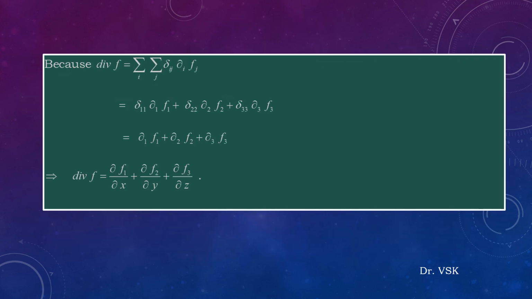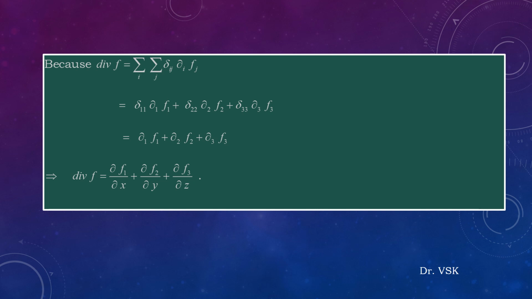Previously, I started with a vector field and the old divergence formula, and I have written the divergence by using the Kronecker delta. Now let us verify whether this representation of the divergence by using the Kronecker delta is equal to our old divergence formula or not.